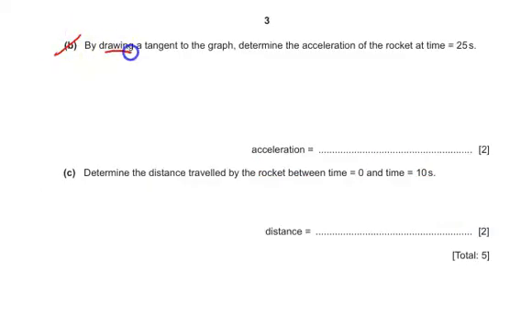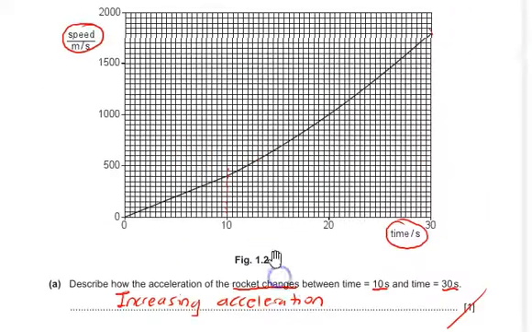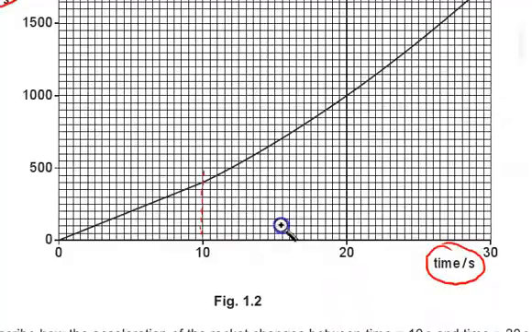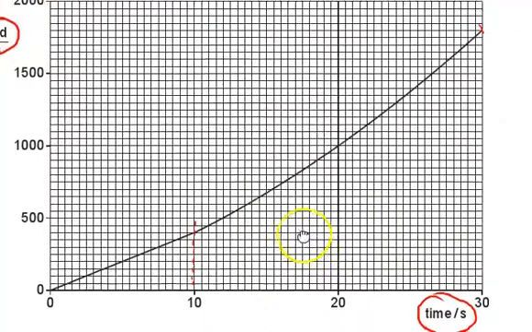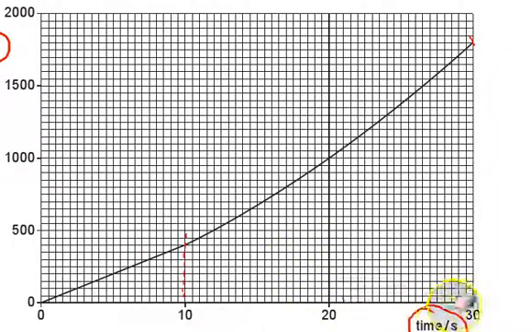By drawing a tangent to the graph, determine the acceleration of the rocket at time 25 seconds. Now we look back at the graph. At time 25, let me erase this.